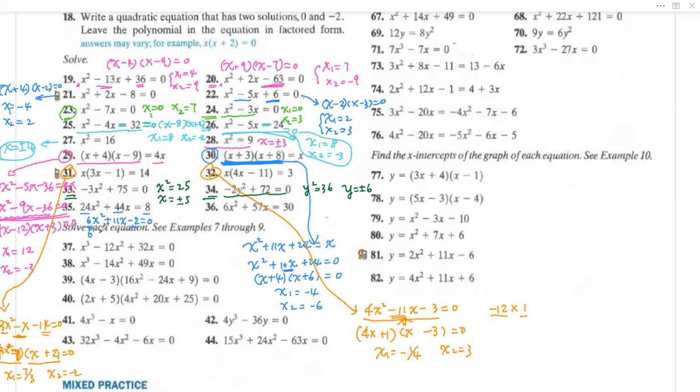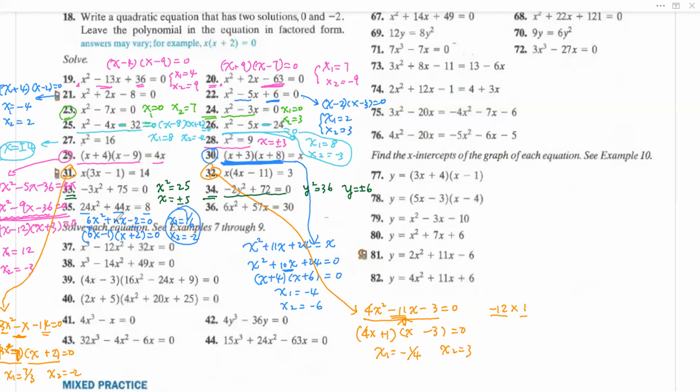So we can get 6x, positive 2... Here you get a 12x, and you get a negative x. Okay, you guys can do this. 6x squared, positive 12x, negative x, so you get 11x, right? So negative 2. One of the answers is 1/6. The second answer is negative 2.